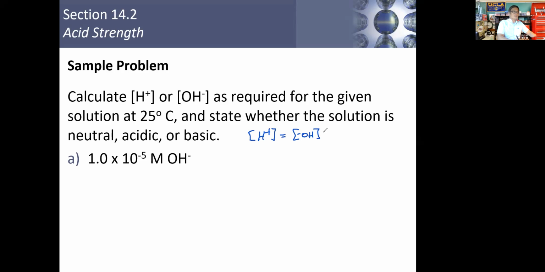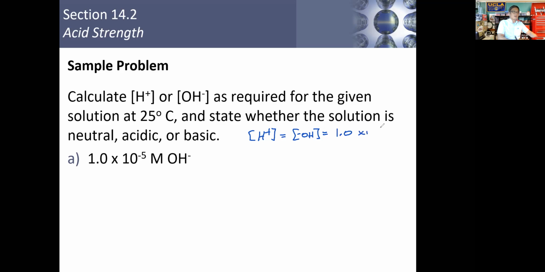This can only occur when both are equal to 1 times 10 to the minus 7 molar. When the concentrations of hydrogen ions and hydroxide ions are equal to each other and equal to 1 times 10 to the minus 7, this is a neutral solution, and as such, the solution is neither acidic nor basic.